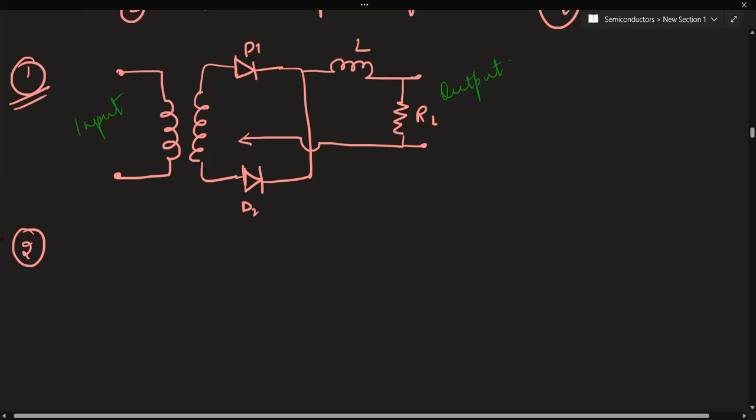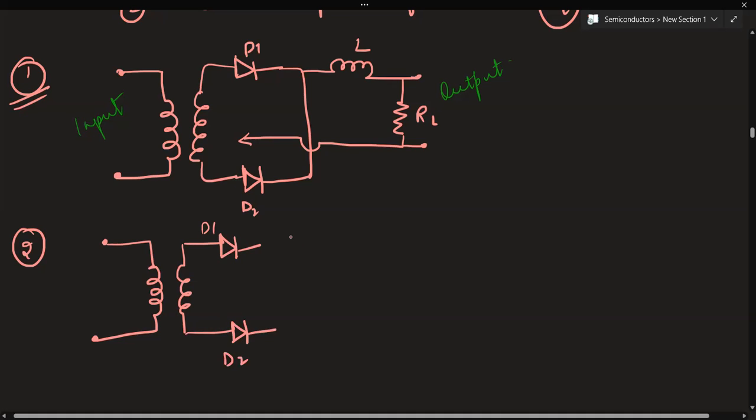Now in case of the shunt capacitor filter, we have a full wave rectifier here as well. Again, we'll be having two diodes. Let's say D1 is the first diode, D2 is the second diode. Now we don't have an inductor over here.